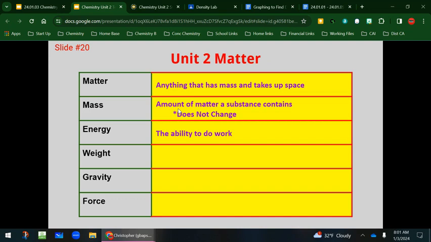Now, the mass of this stopper never changes. What determines its weight? Gravity.